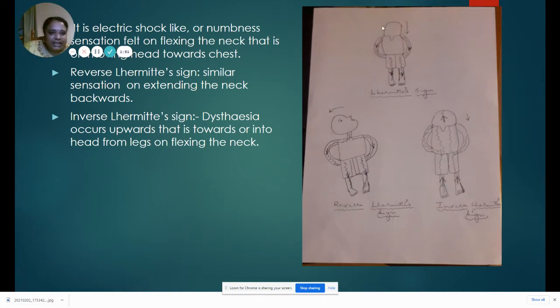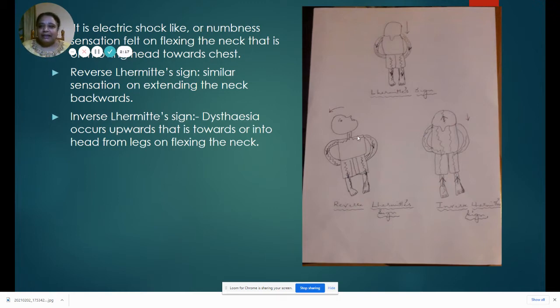So in Lhermitte sign, when the person moves the head towards the chest, that is bending the head, there will be an electric shock-like sensation which goes from the spine into the hands, sometimes legs also.